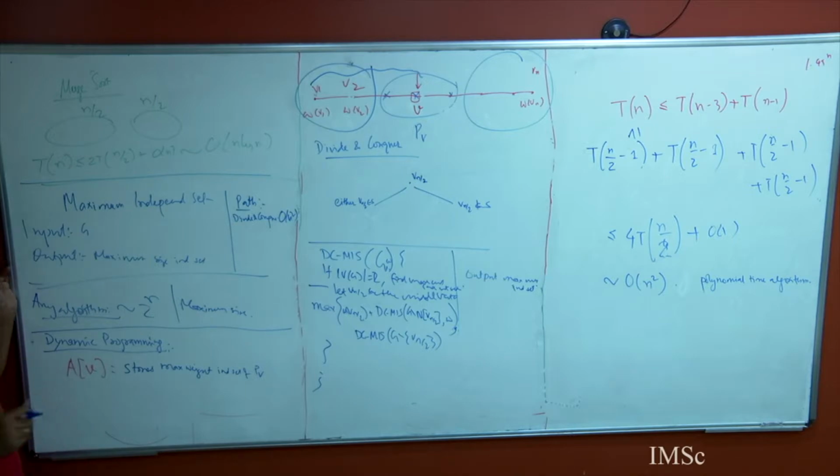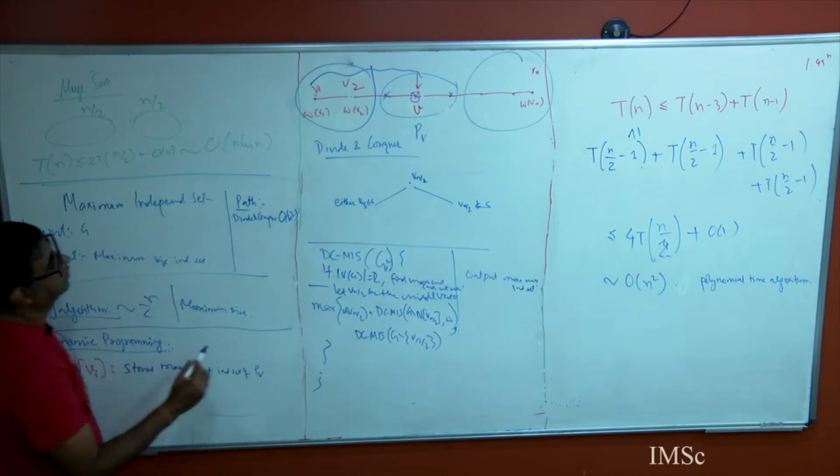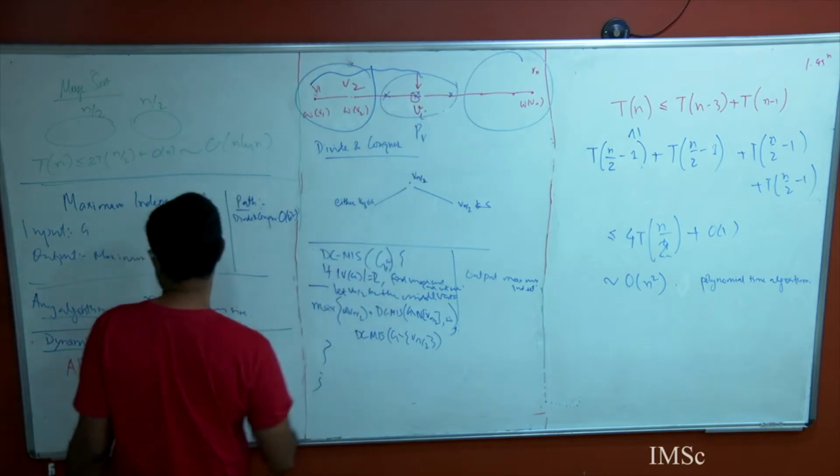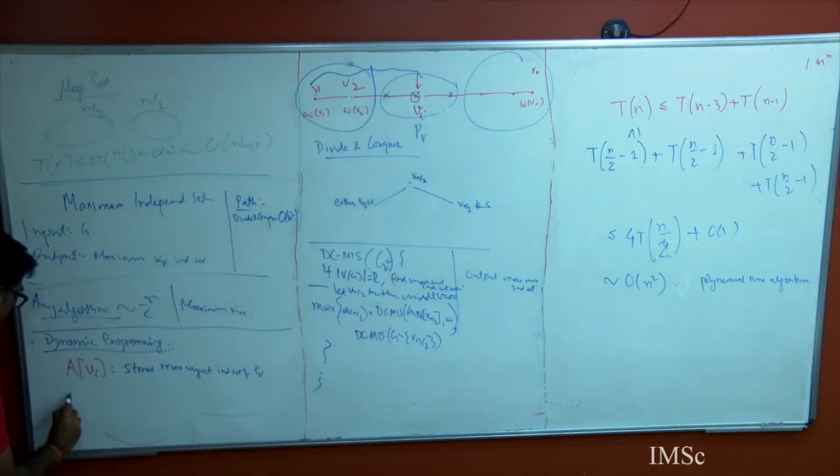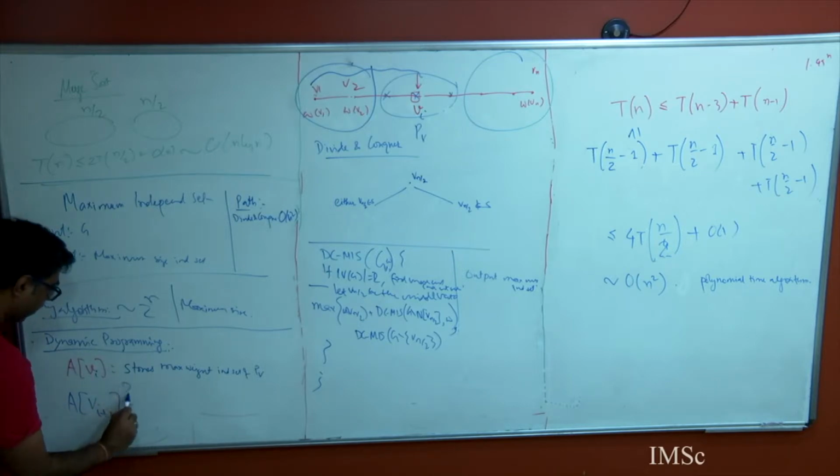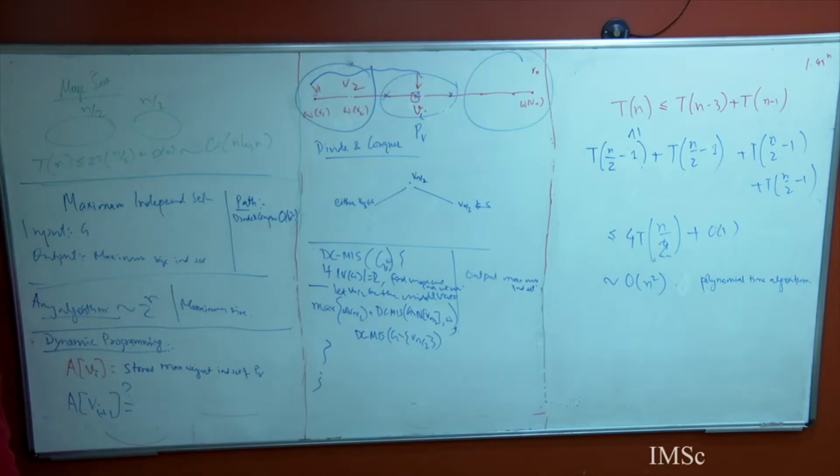Okay, how will you update AV? So suppose this is Vi, this is what you store. Whenever we do dynamic programming, I need to write a recurrence and prove that the recurrence is correct. So how will I find A(Vi plus 1)?